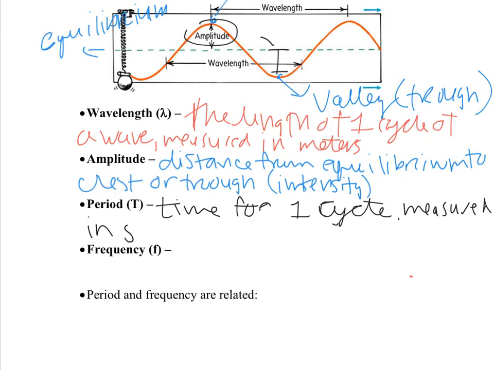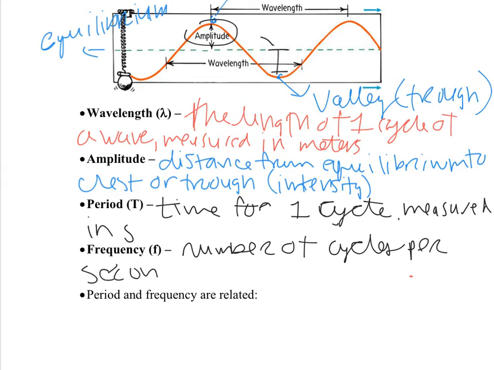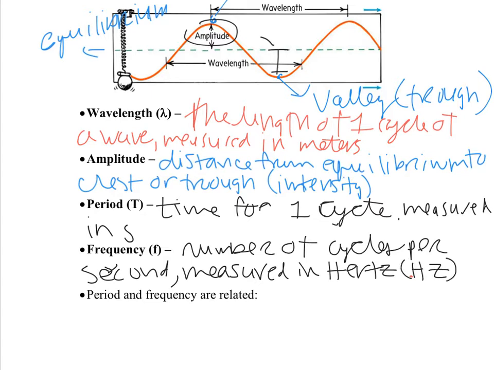And then frequency is the number of cycles per second. And this is measured in hertz. And again, we have seen that before. The unit is hertz, the symbol is Hz.